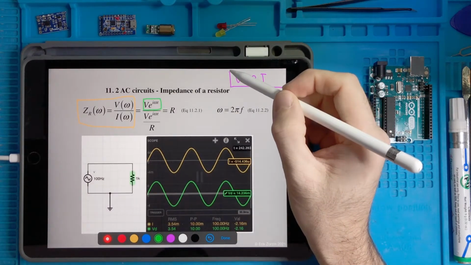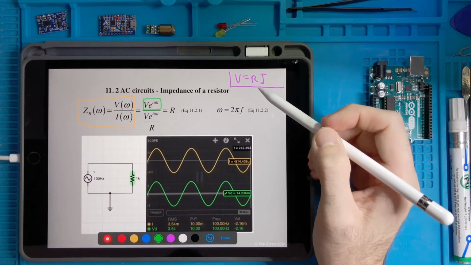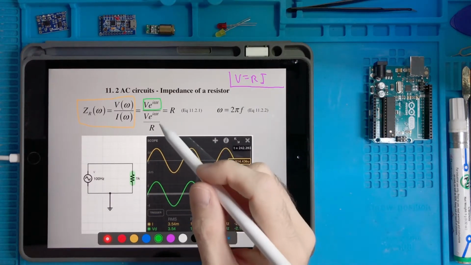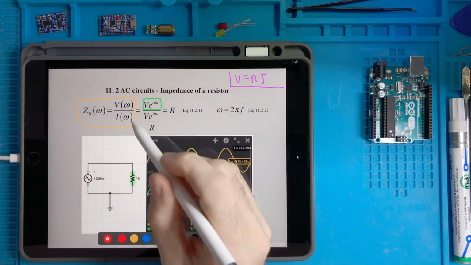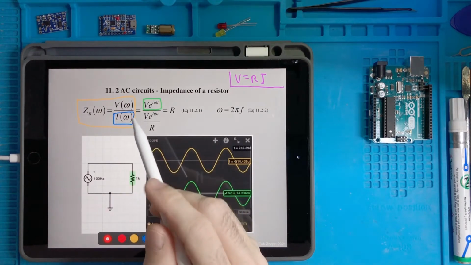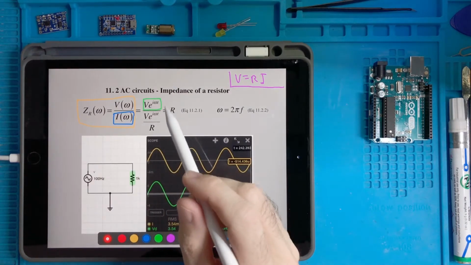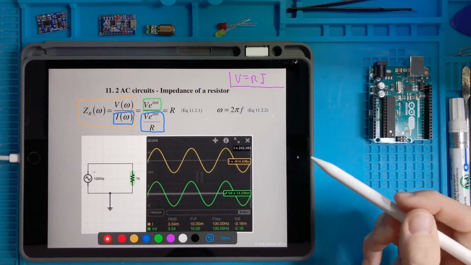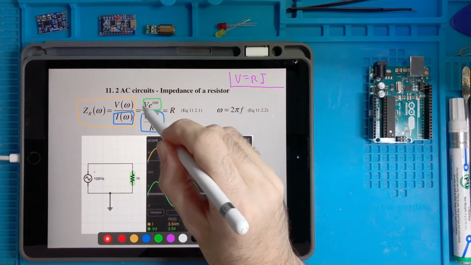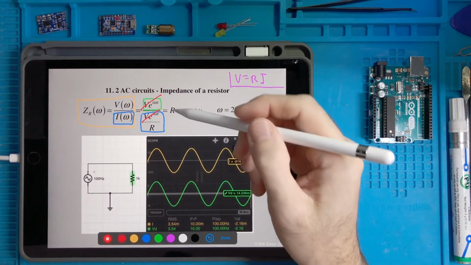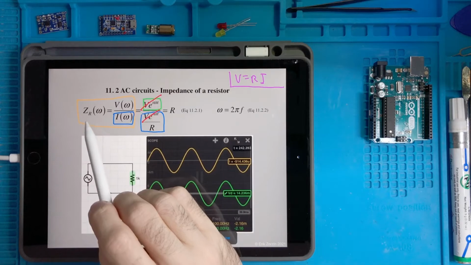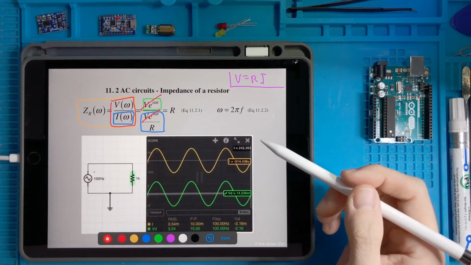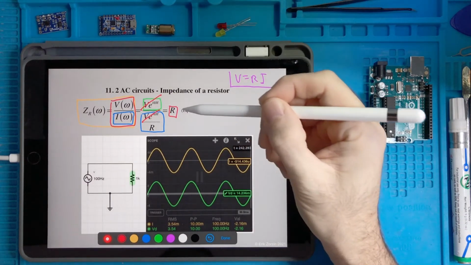If we apply the Ohm's law, we take the voltage and we compute the current by simply doing V over R, then we can substitute the value of the current as depending on the frequency omega of the sinusoidal signal with this. And of course this can just be simplified, and we get that the impedance of a resistor, as defined with this definition, doesn't depend on the frequency.